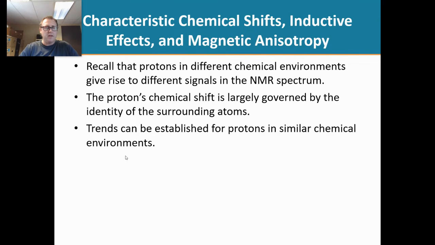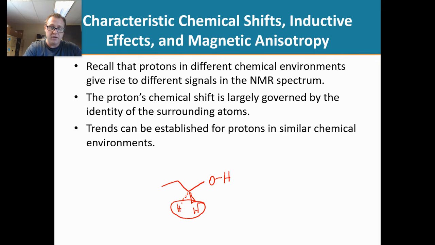Hello, class. Recall that protons that are in different chemical environments will give rise to different signals in the NMR spectrum. For example, if we had a simple alcohol molecule here, these hydrogens are going to be at a different chemical shift than this proton because its chemical environment is different.